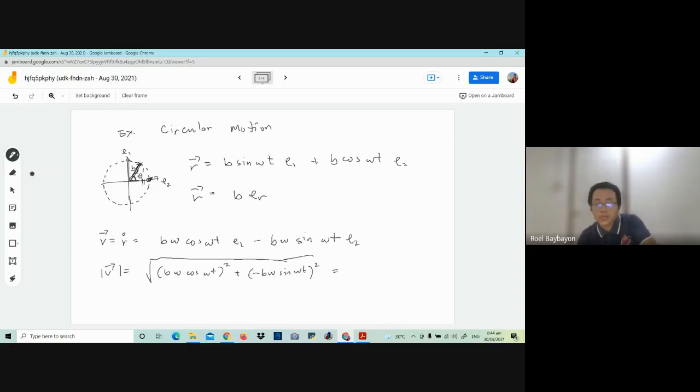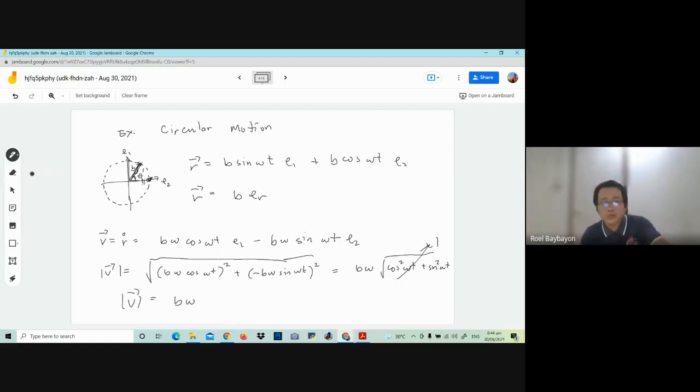As you can see, this is just equal to b omega. Factoring out, we have the square root of cosine squared omega t plus sine squared omega t, which is just equal to 1. Therefore, the magnitude of my velocity is equal to b omega.